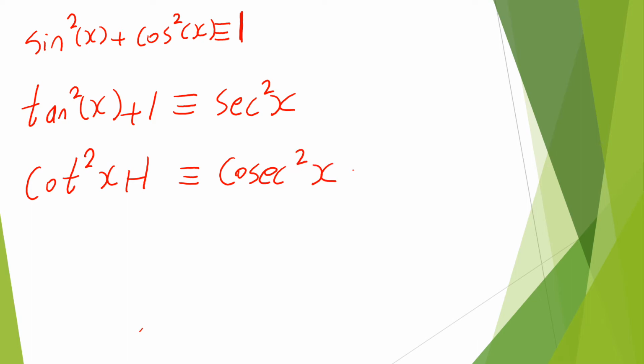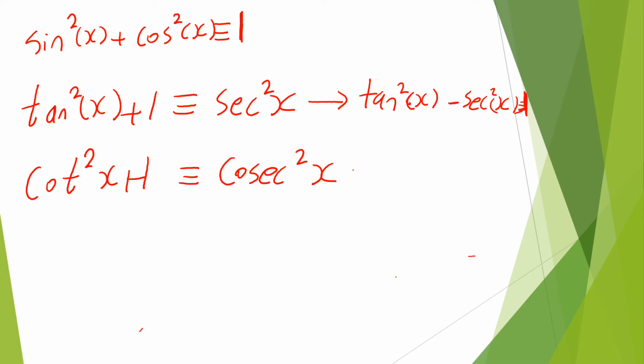So whenever you see tan squared x plus 1, you can replace it with sec squared. That's what we call a method of reducing. Reducing means instead of 2 terms, I'm going to substitute it with 1 term. You can rearrange in here. So for example, this is the same as if I see tan squared x minus sec squared x equals minus 1. So I can replace it with minus 1, and it's the same here.